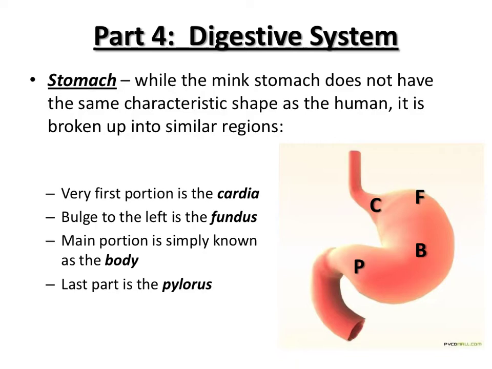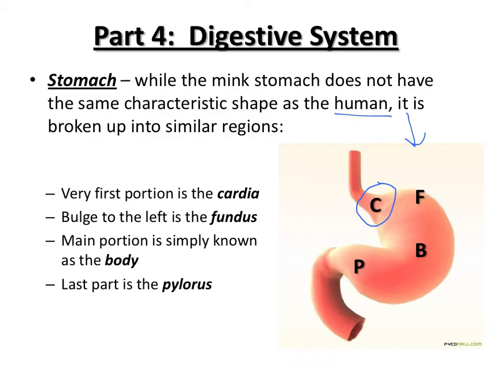The mink stomach is going to be a little bit differently shaped. It's not exactly like these pictures, which are more human, but it is broken up into similar regions. You may not have known that your stomach is actually a series of locations within the sac. The very first part of the stomach is called the cardiac region, or the cardia.